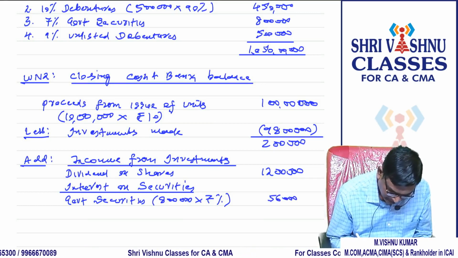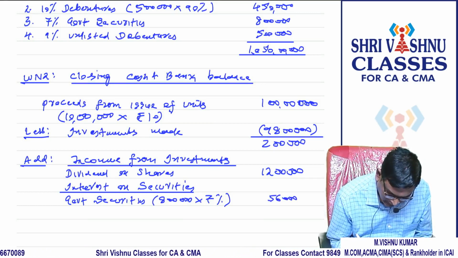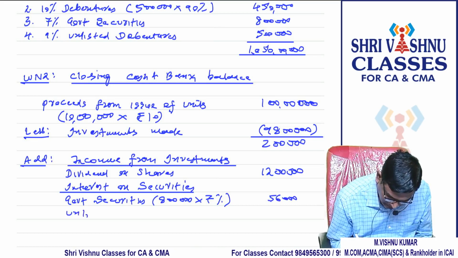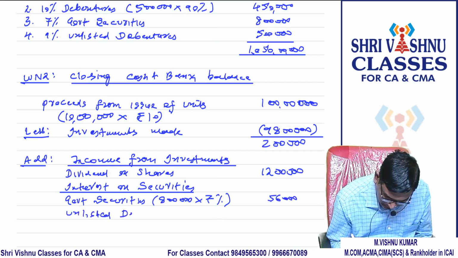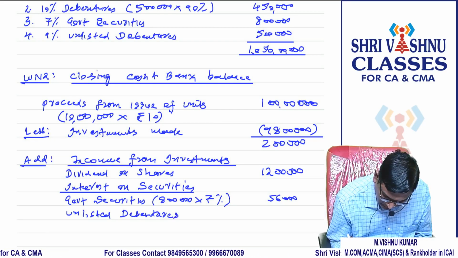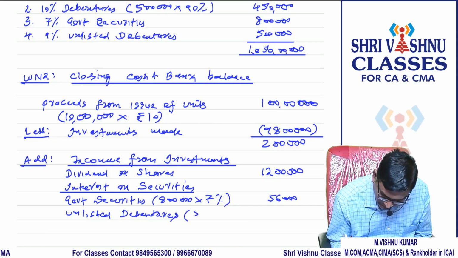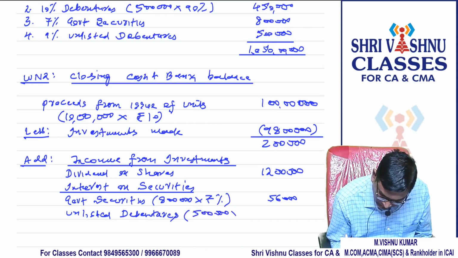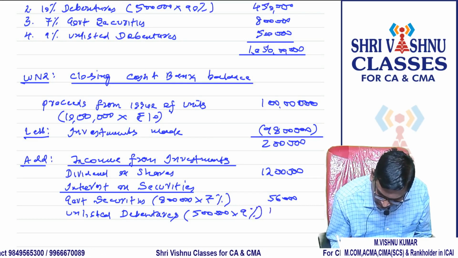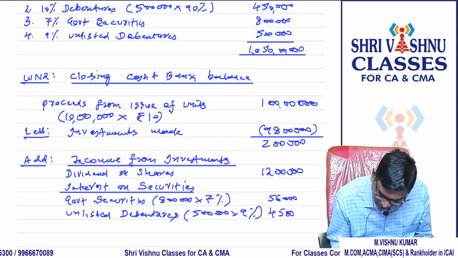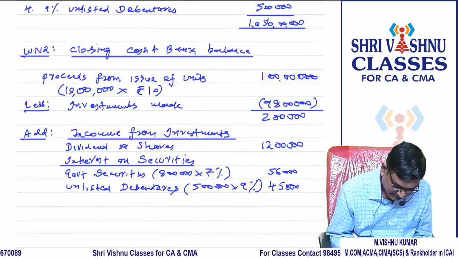Next is unlisted debenture, 5 lakhs at 9%, 45,000.